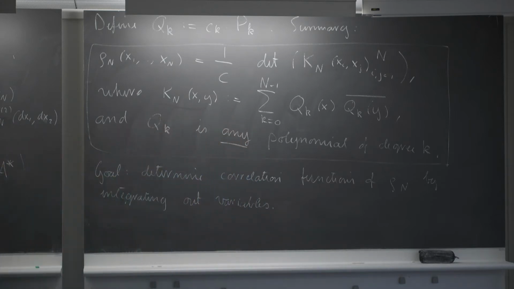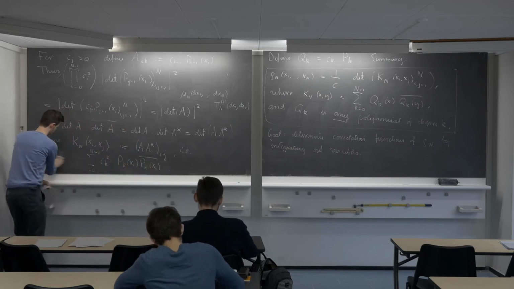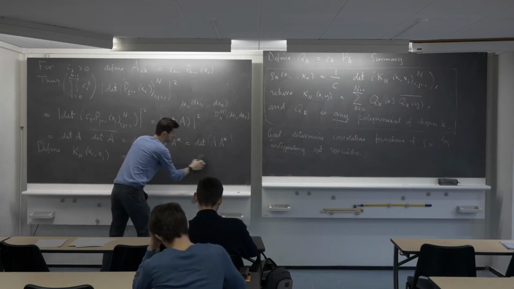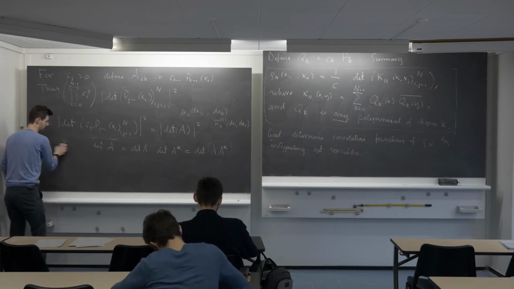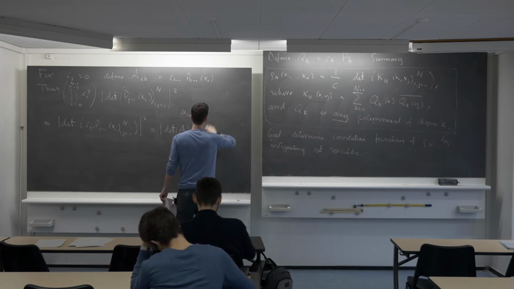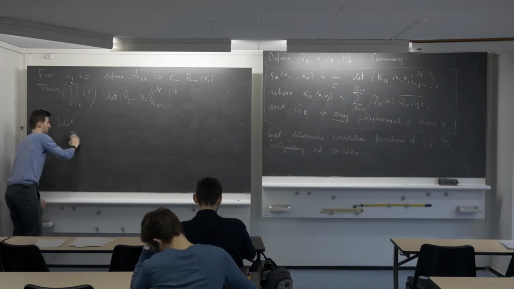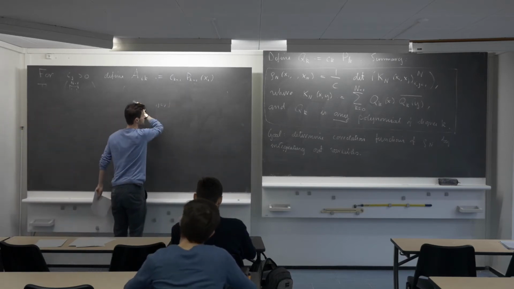Okay, so that's what we will do. And there is a very nice lemma, which is the following, that tells you that if these polynomials Q have been chosen in an appropriate way, or more precisely, if this kernel Kn satisfies a simple property which essentially says that it is a projection operator.